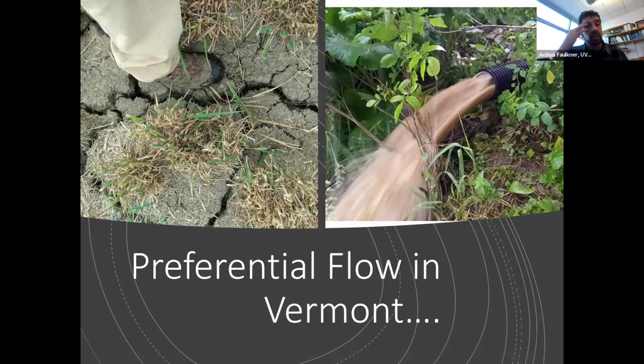This is what I think makes our soils so interesting to study, because we have so much preferential flow occurring. That's my boot, size 12, beside a crack in Bridport, Vermont, in a dry summer, and this was in a hayfield, in a kind of depression in a hayfield, but we dumped almost 250 gallons of water just right there beside my boot, and it never filled up because we have these amazing crack networks within the soil.